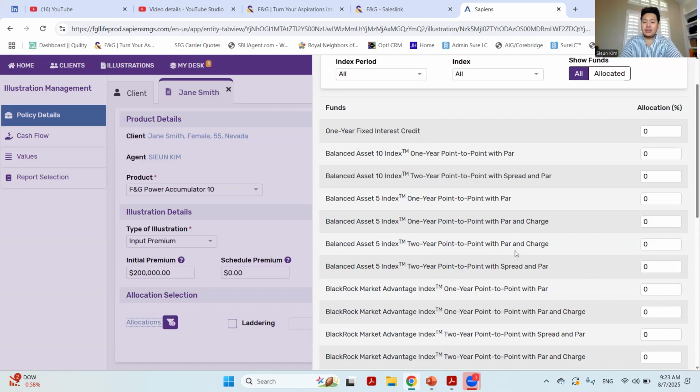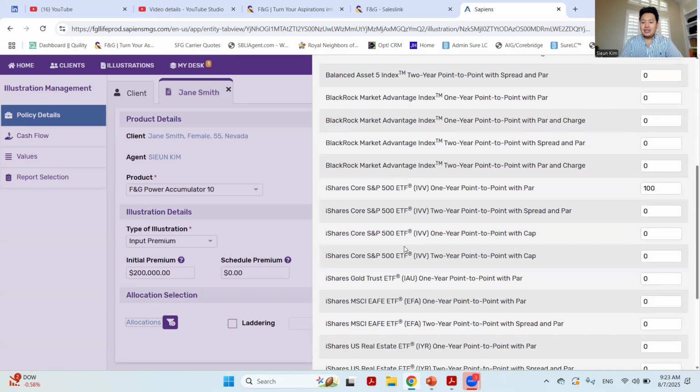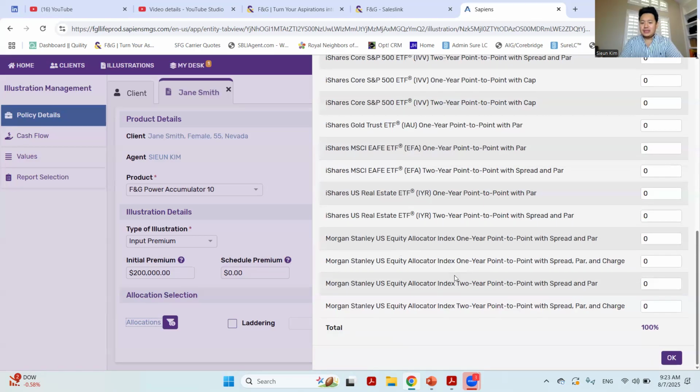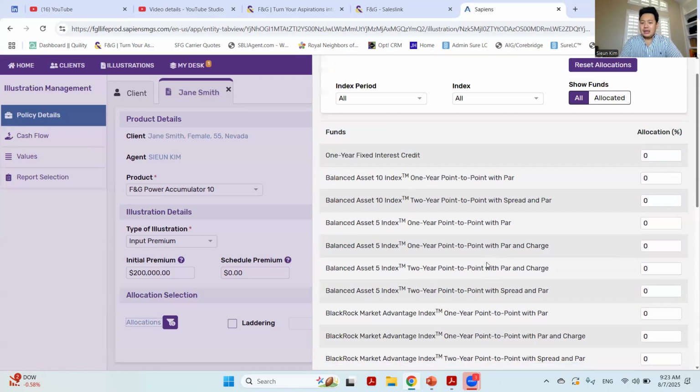So clients who are really conservative, you can put 100% on that and just let the client get a fixed interest rate. Okay. Balance Asset 10 Index, Balance Asset 5, BlackRock, iShares, S&P 500, Gold Trust, US Real Estate, Morgan Stanley. There's a variety of index options.